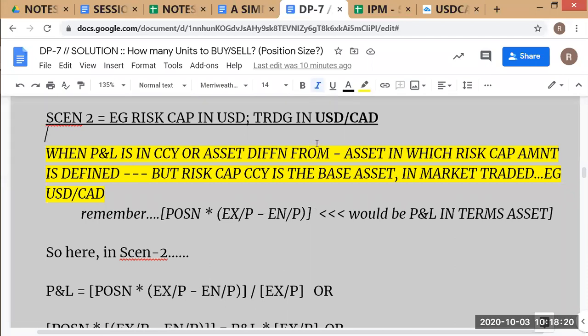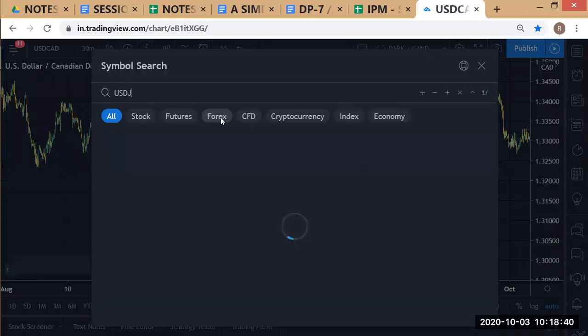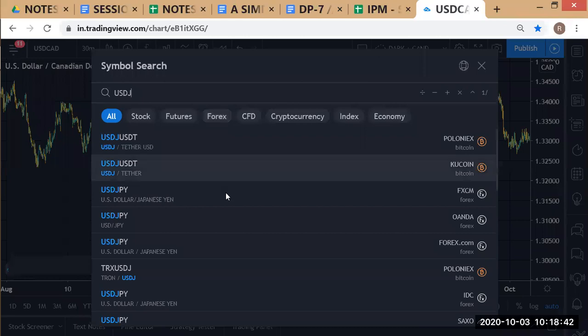I've already given you this rule before, that when you look at currency market notation, it is generally given like this: USD CAD. Either they will not have the forward slash and will just write it straight, or in most cases there will be a forward slash in the middle.